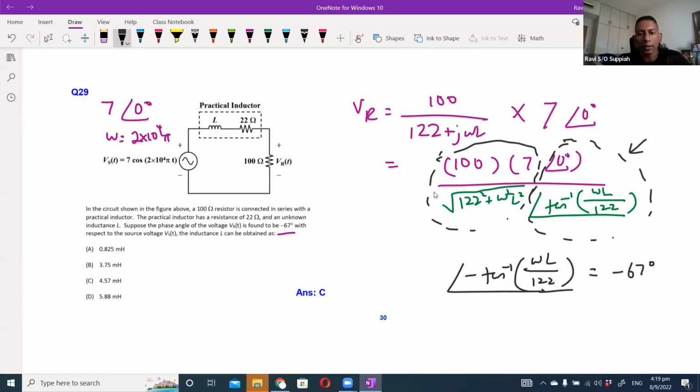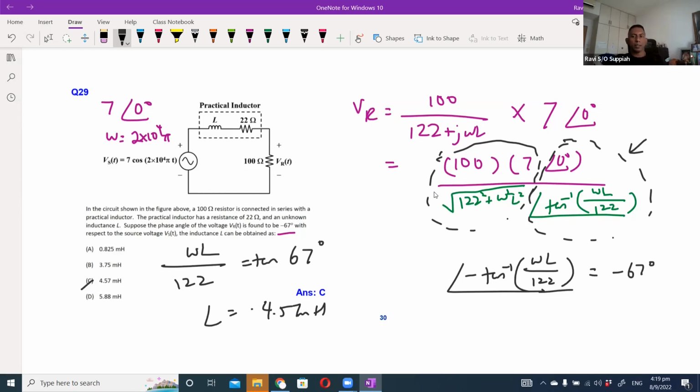In that sense, I can rewrite it as omega L over 122 is equal to tangent of 67 degrees. Omega we know, so I just solve for L. I'll get the answer as 4.57 millihenry, which is C.